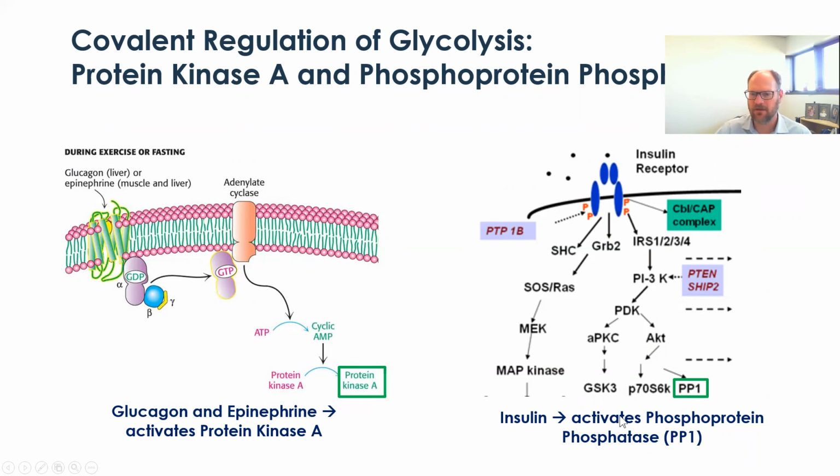There is a reciprocal and antagonistic pathway that signals through the insulin receptor, which ultimately triggers the stimulation of protein phosphatase 1, or PP1. This one removes many of the phosphates that are put on by protein kinase A, and we'll talk about how these antagonistic activities of protein kinase A and protein phosphatase 1 ultimately affect the activity of many important regulatory steps in glycolysis and other central carbon intermediates.